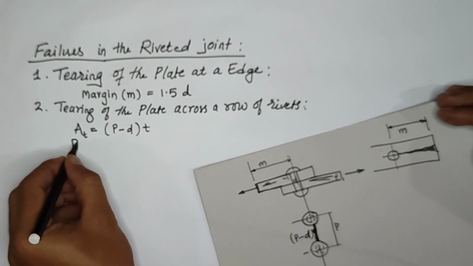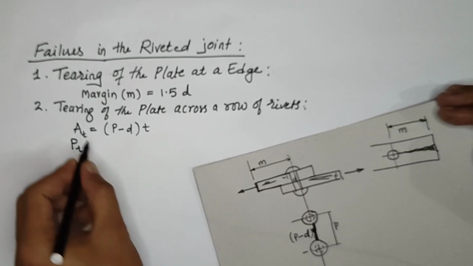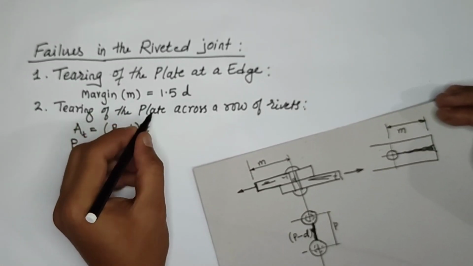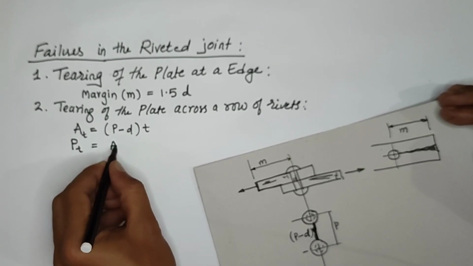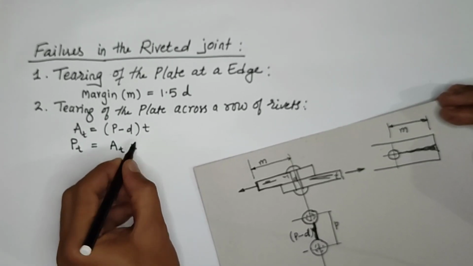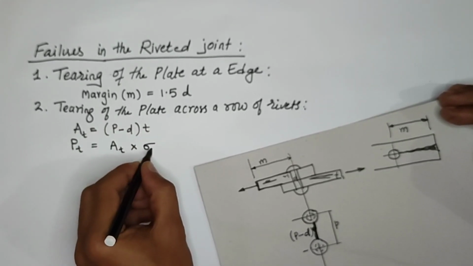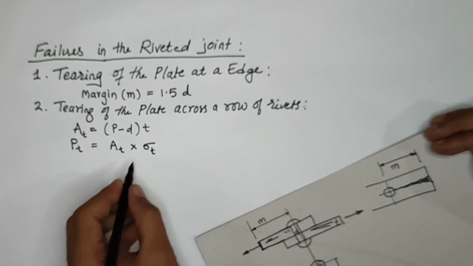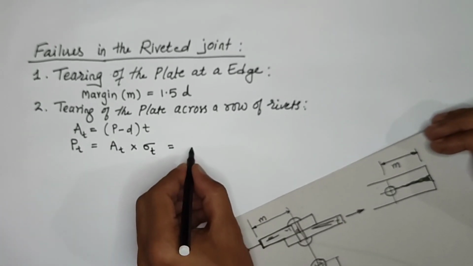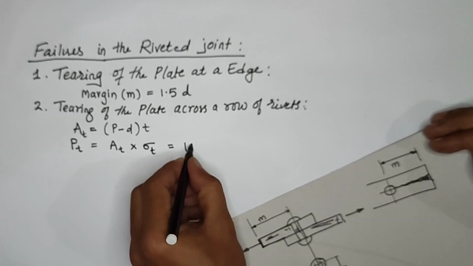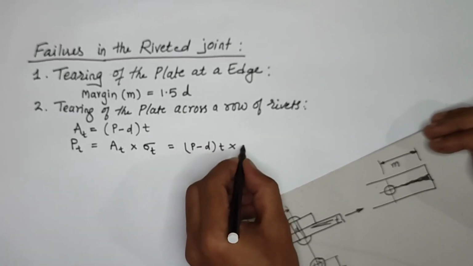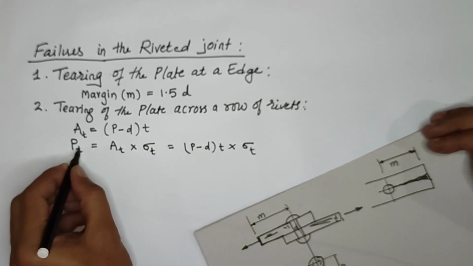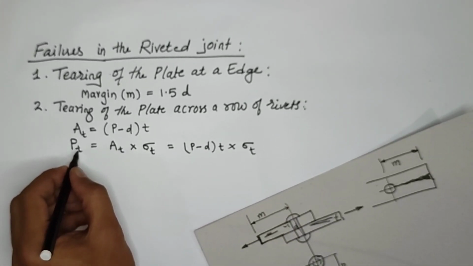That is P suffix t. It equals the area of the plate into the tensile strength. Again, we can write this equation as P_t equals (p minus d) into t into sigma t. So this is the tearing resistance of the plate.